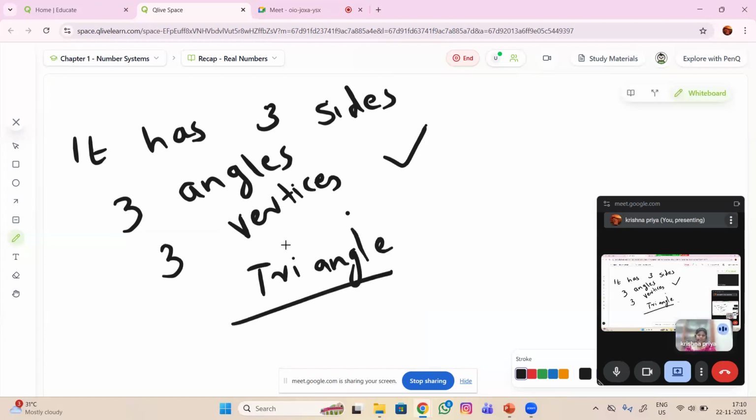So what do you mean by a polygon? A polygon is a closed figure and it has more than two sides. Okay, so we are going to discuss the new chapter, the triangle, the smallest polygon in the world, and we are going to start the section.